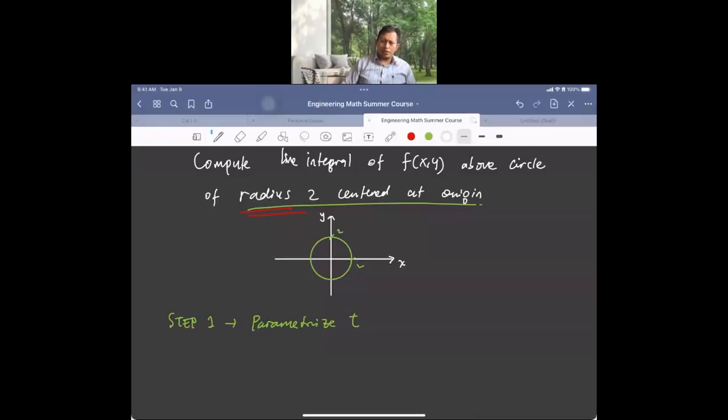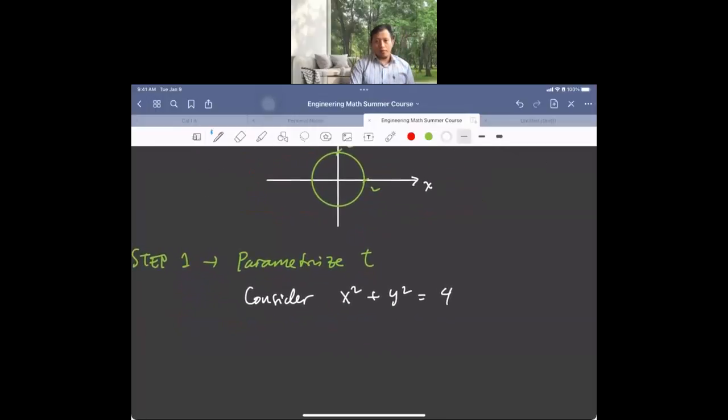We can see that we have a circle of radius 2. So we can use the circle x squared plus y squared equals 4. Consider that x squared plus y squared equals 4 is the circle that has the radius 2, right? Now can we parameterize this with the variable t?